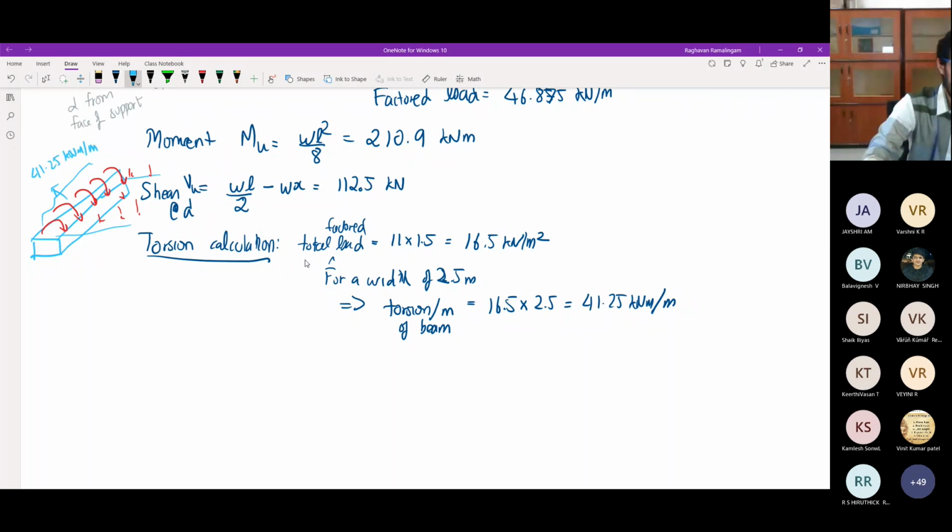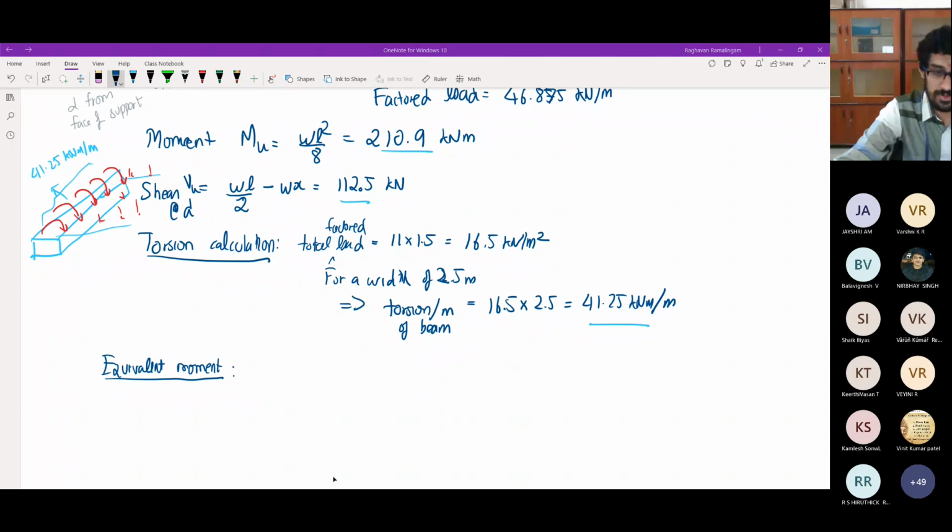Okay, now we have moment, we have shear, we have the torsion. So before we find the effective depth of the beam which is required, we have to find the equivalent moment and equivalent shear. So the equivalent moment. This formula is present in your IS 456 code book. We saw this formula yesterday.